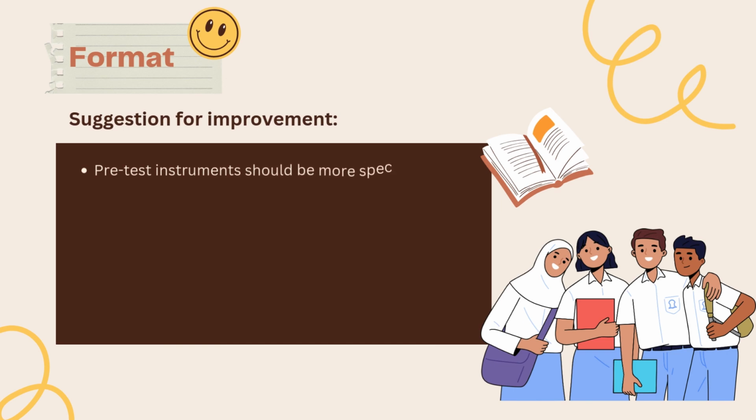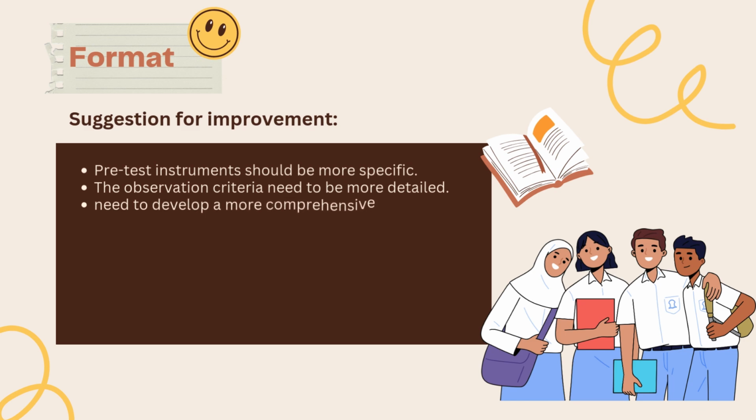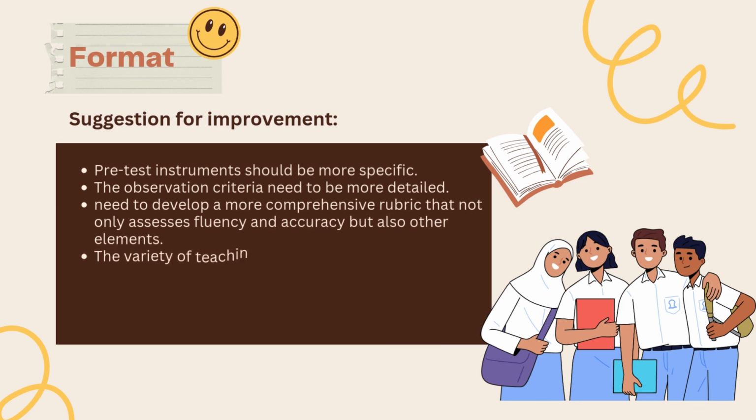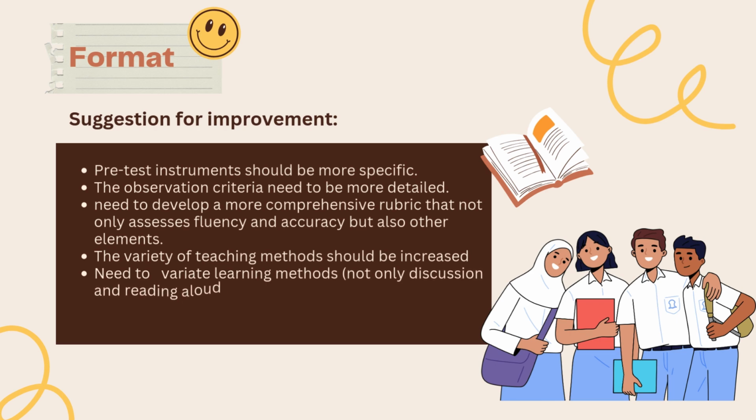There are some suggestions to improve the assessment. First, the pre-task questions tend to be general and not focused on the core material. The suggestion, questions like, do you like traveling, are too general. It is better to focus on the topic to be taught. Second, observation lacks clarity.